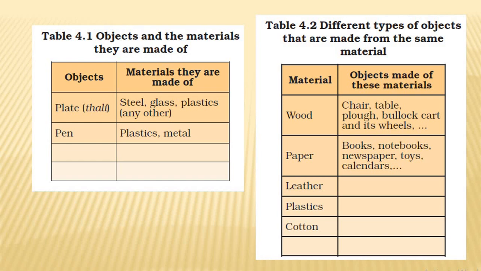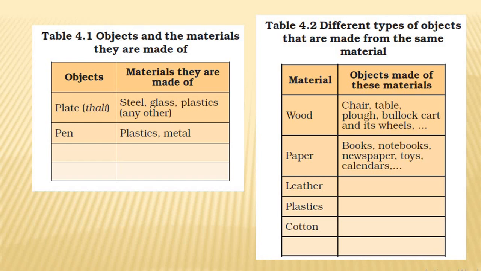You can see that chair, table, plough, bullock cart, and its wheels are all made up of wood. And what about paper? Books, notebooks, newspaper, toys, and calendar. So many objects are made of paper.